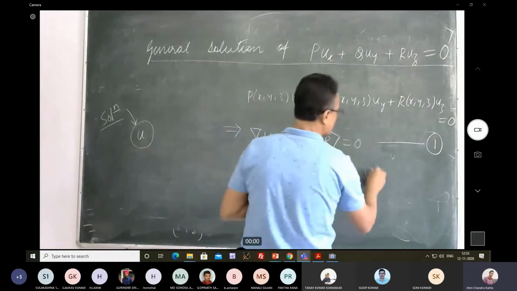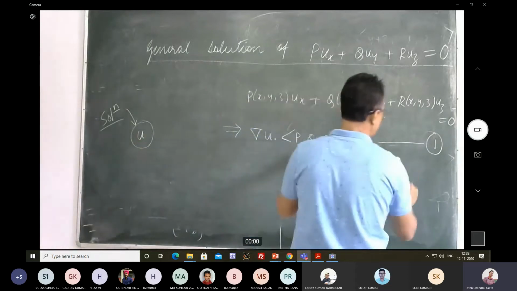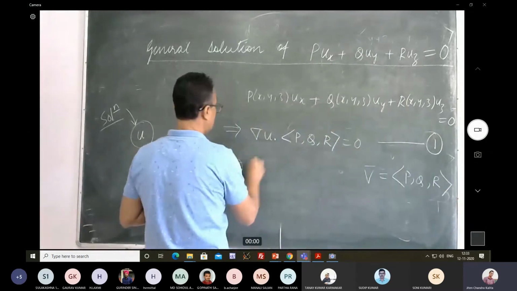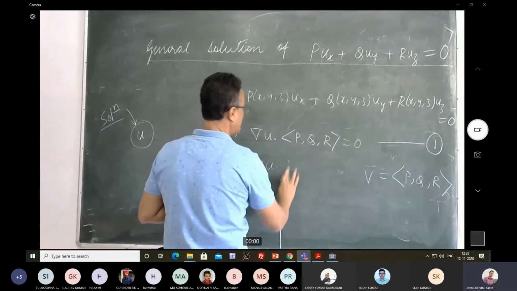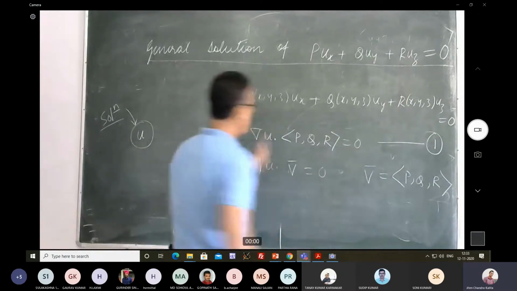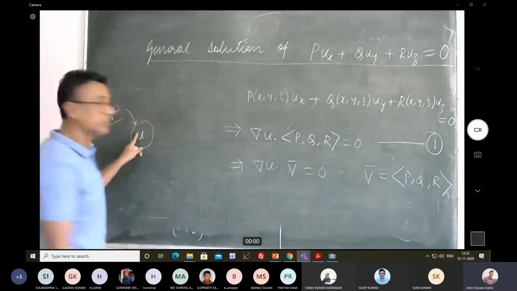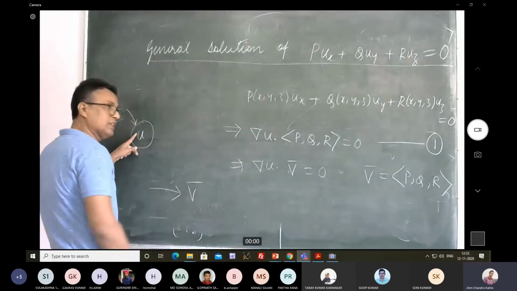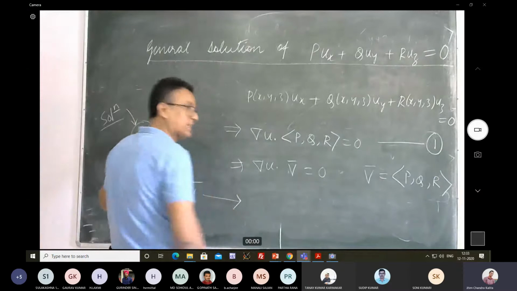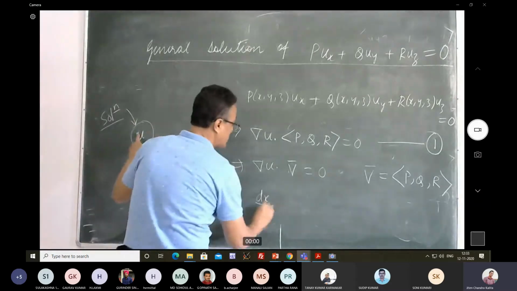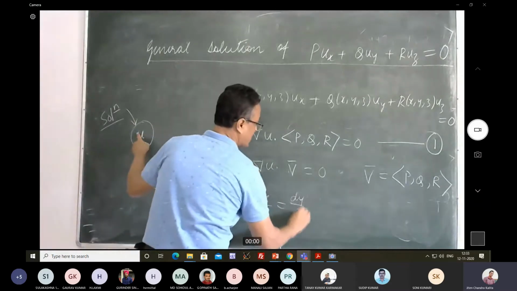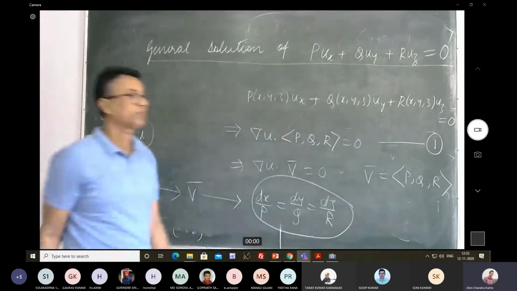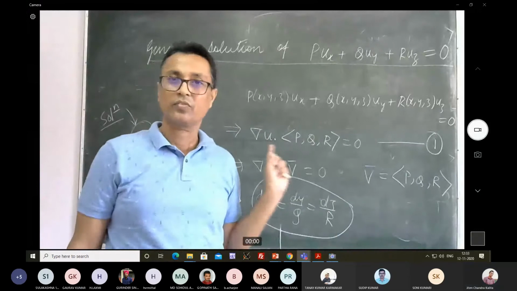Now, that means if I represent this vector field by V, with this solution, there is always an associated vector field, right, which is connected to the differential equation. Is it okay till now?